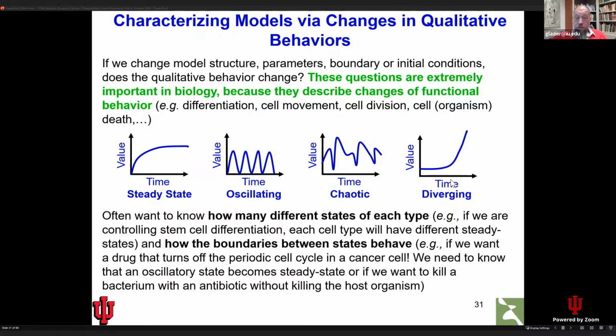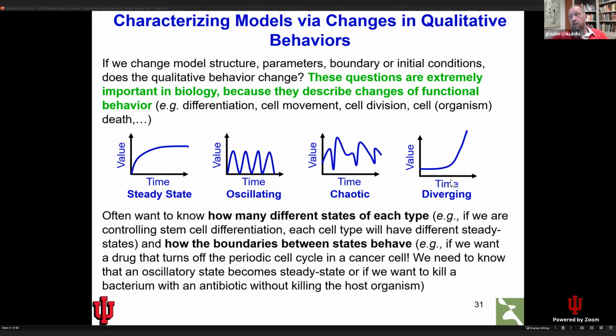We may want to know how many different states of each type we have. We could have 2 different oscillating states for the same parameter values. One could be a fast oscillator, one could be a slow oscillator, for example. What are the boundaries between the states? In cancer, we have cells proliferating improperly. We might want the cell to die when we treat it with a cancer drug, but we might want the cell to stop dividing. We might want to knock the cell from an oscillating state to a steady state.